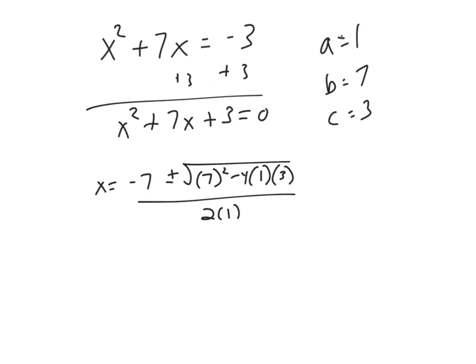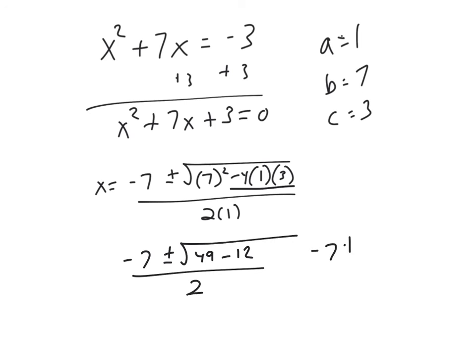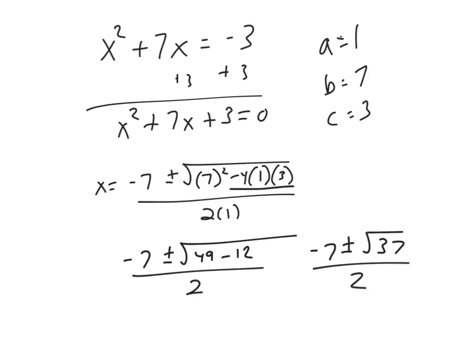All right. So I got negative 7 plus or minus square root of 49. 7 squared is 49. Minus, and it's going to be minus because there's only one negative here, so it's going to be minus 12 over 2.